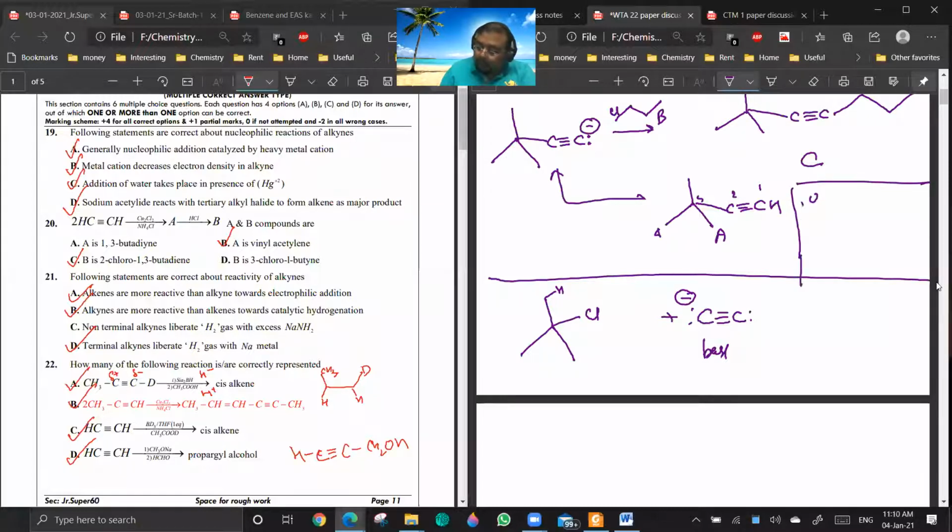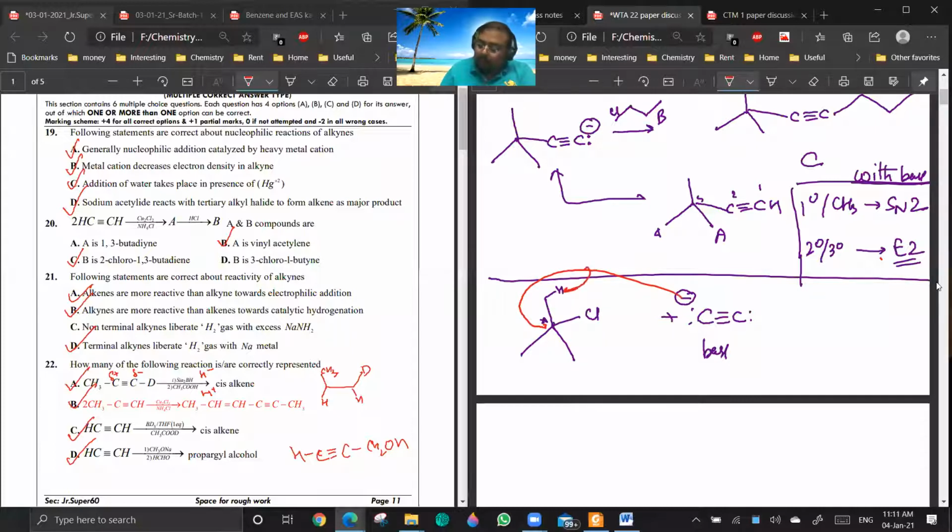For 1 degree and methyl halide, SN2 is preferred, with 2 degree and 3 degree with base. See, with base, you will have the bimolecular mechanisms, either SN2 or E2. So with 2 degree and 3 degree, E2 will be more preferred over SN2. Why? Because reaching this carbon will be very difficult for the base, that too from the backside.